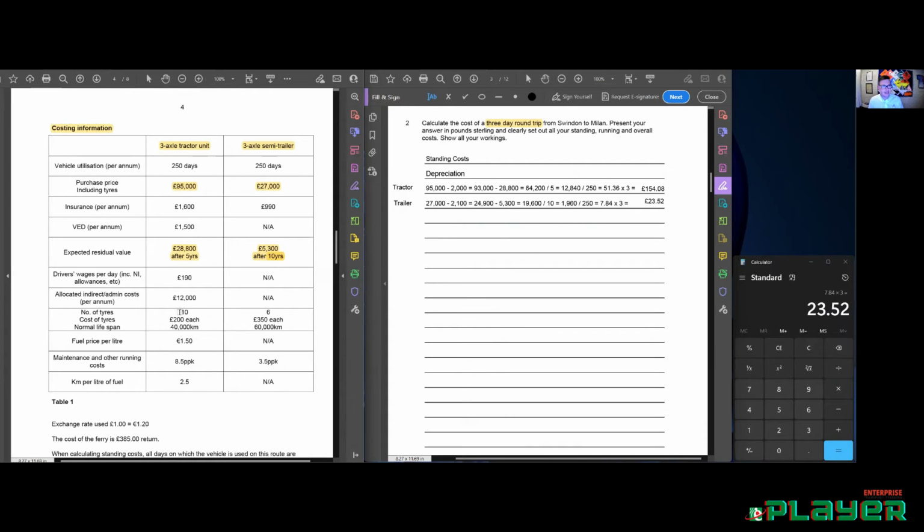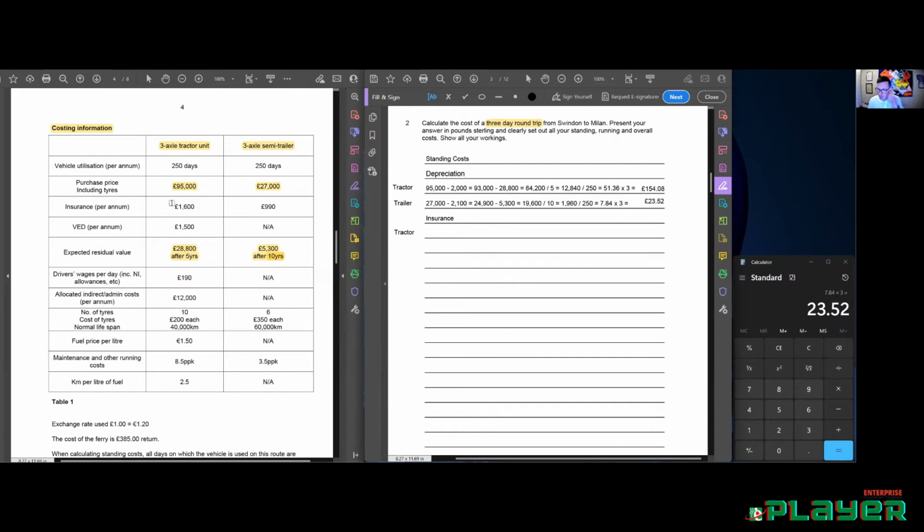The next standing cost that we've got in here is insurance. I'm going to title it insurance, and write down tractor.